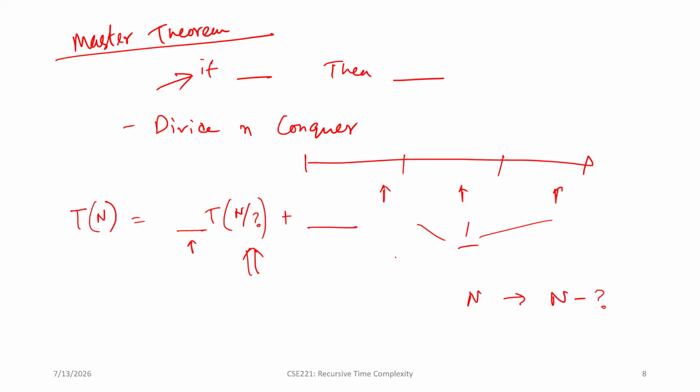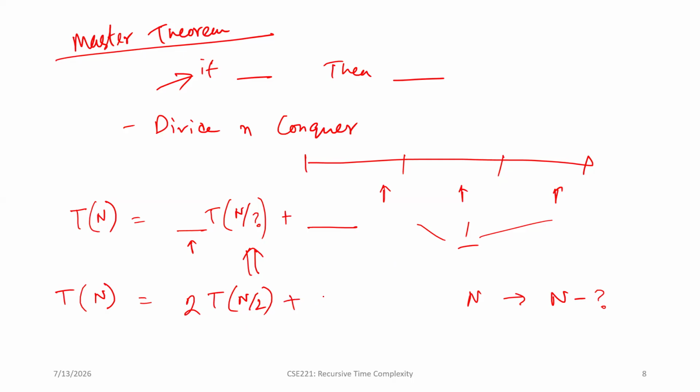Okay, let's first see some examples. Let's say in merge sort, or in quick sort, or in maxsum subarray, we divide the input in 2 parts. So divide. Each part has equal halves of the original input, and then there are 2 parts.